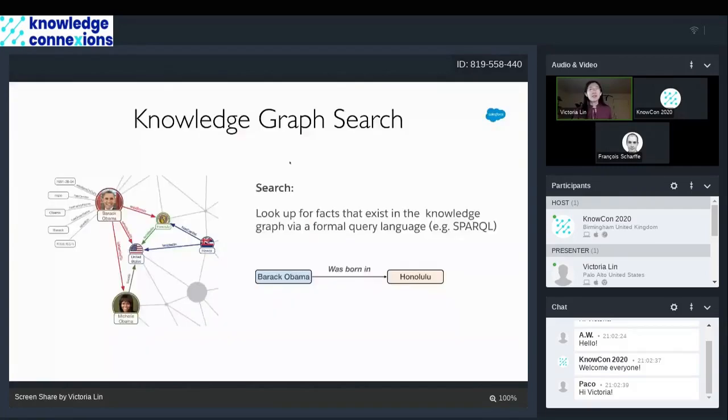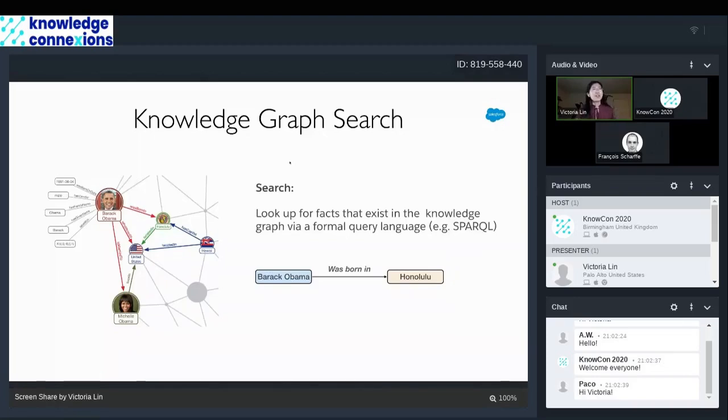There are typically two types of operations we need to run on the knowledge graph. Throughout this talk, I will assume a plain graph structure, which means our graph can be represented in sets of triples. There are some advanced knowledge graphs, for example, that involve meta information, and we leave those out of the scope for this talk.